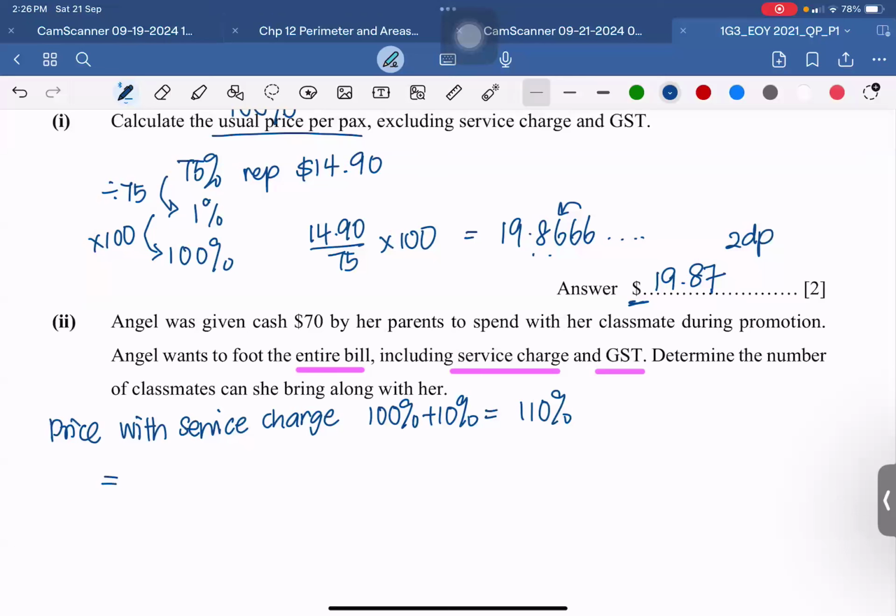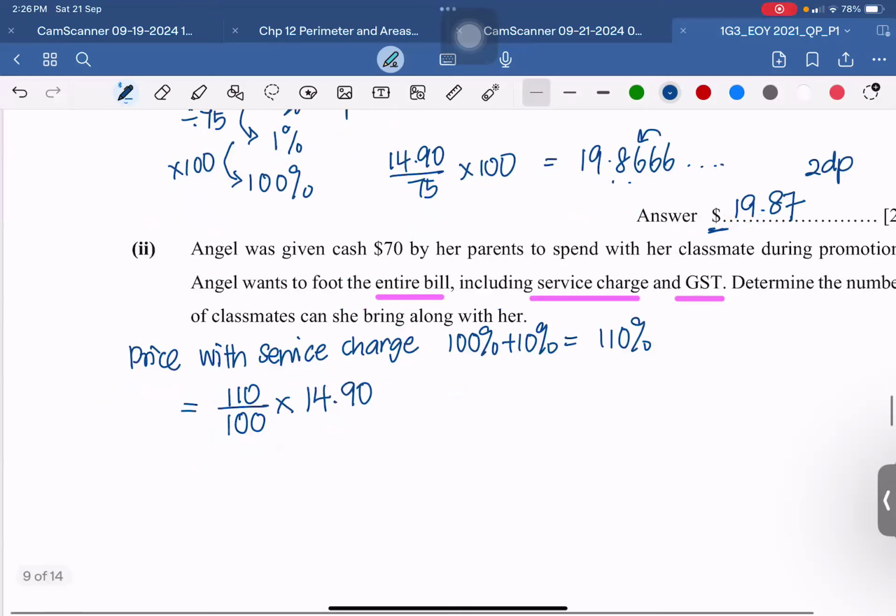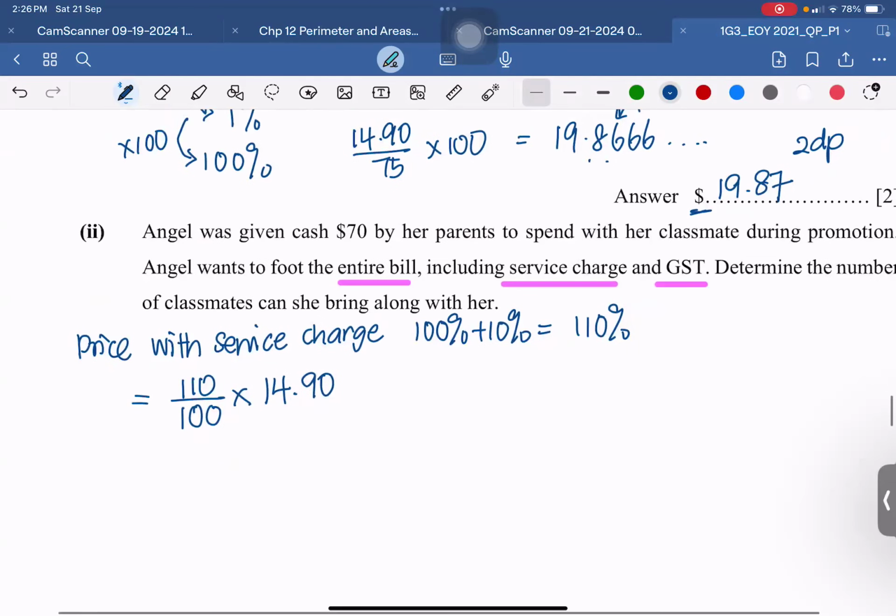So we want to find this price, we take 110 over 100 times the price, the offer price now is $14.90. If I don't want to find out the number, the long working, you can actually calculate out the number, it doesn't matter.